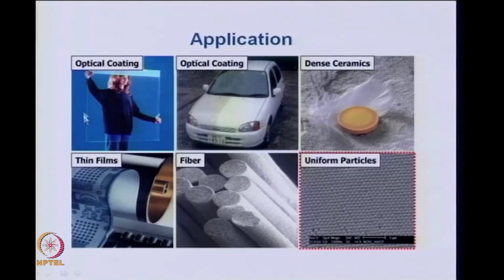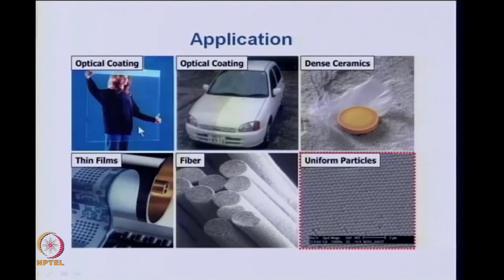When it is a sol, this glass plate is dipped in that sol, which is kept in a vessel, and then it is taken out of that vessel. The coating here is a transparent coating, and hence you can see through, but it may have other properties depending on what was there in the sol.